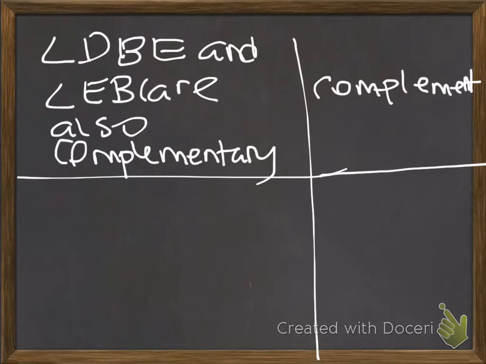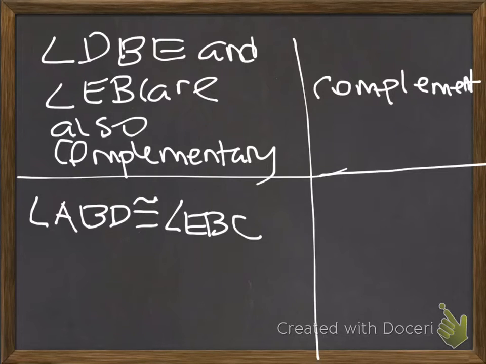That's on page 153. So that's going to be our final step. It's kind of like substitution, but we can also say that these two angles are congruent because of the congruent complements theorem.